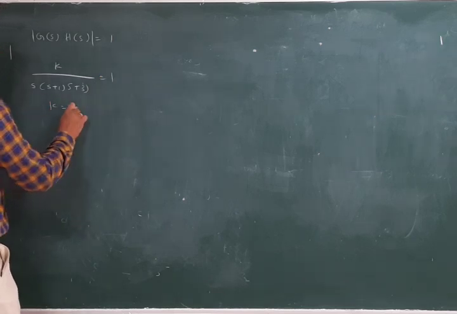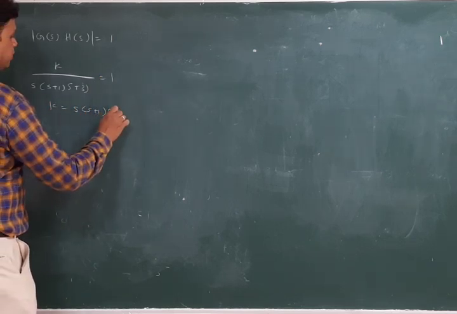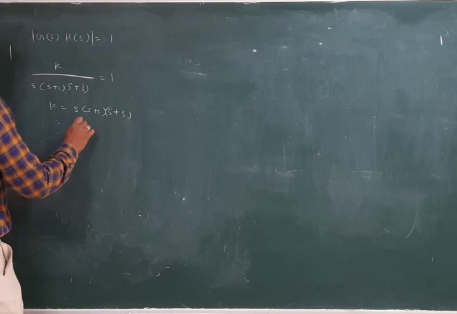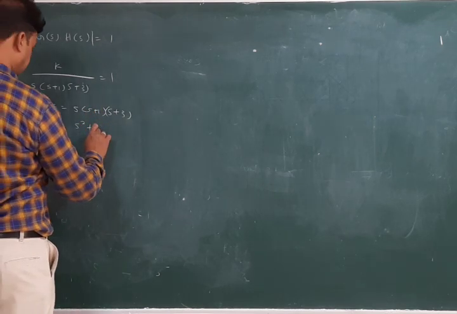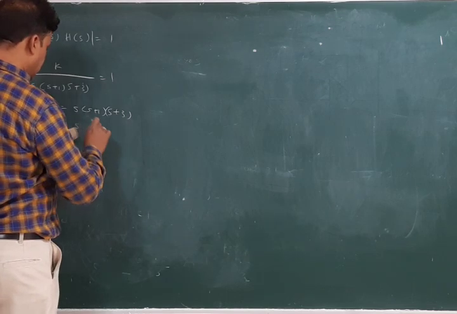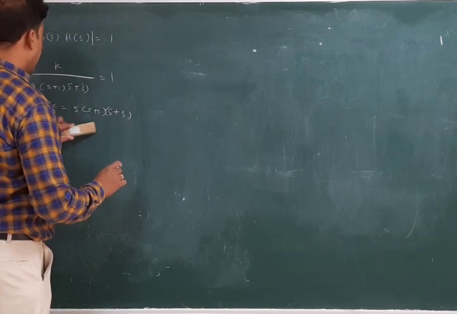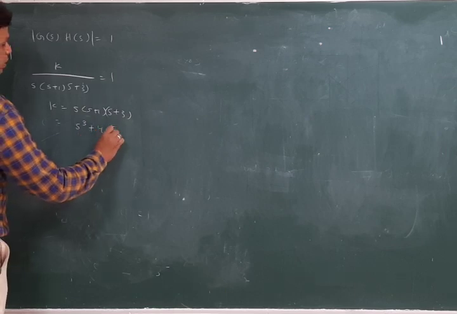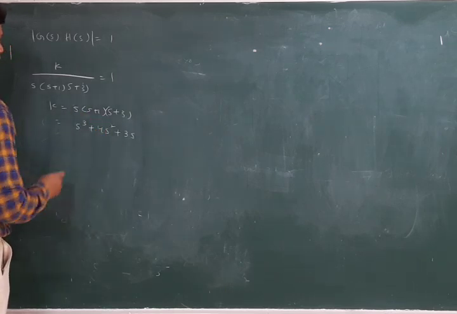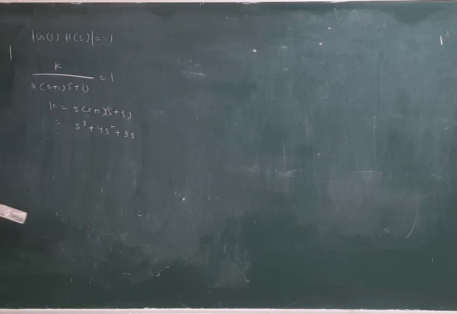So k is equal to s into s plus 1 into s plus 3. If you multiply all these things, you will get s cube plus 4s square plus 3s.